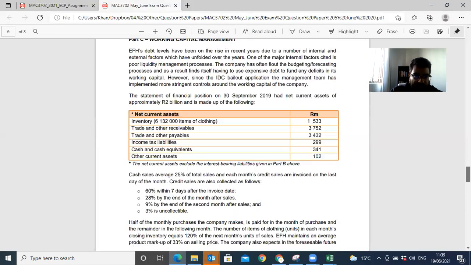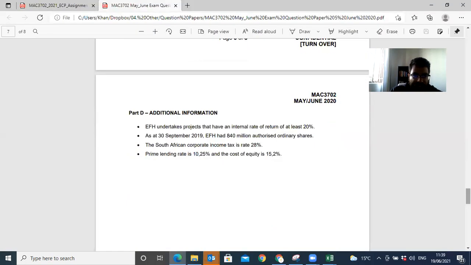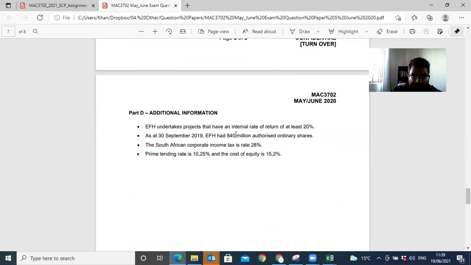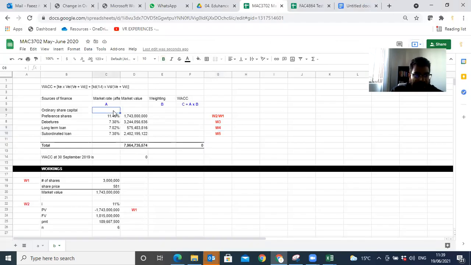The prime lending rate is 10.25 and the cost of equity is 15.2%. If you see over here, they're saying EFH have an authorized shares of 840. So 15.2 and authorized shares of 840. Okay, so this here is given 15.2.